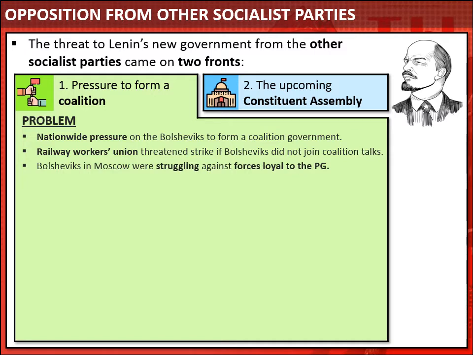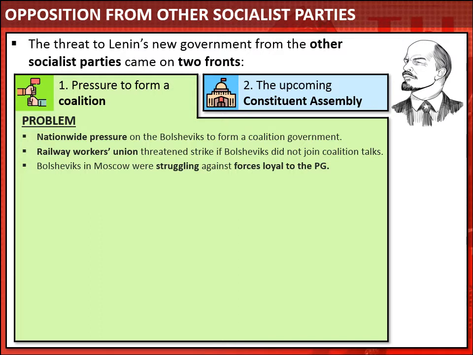In the eyes of many workers and soldiers, squabbling and bickering between socialist parties was seen as a betrayal of the revolution. And Lenin also came under pressure from within his own party. Other leading Bolsheviks, like Kamenev and Zinoviev, warned Lenin that unless he ruled in a coalition, then the Bolsheviks would have to rule by force.